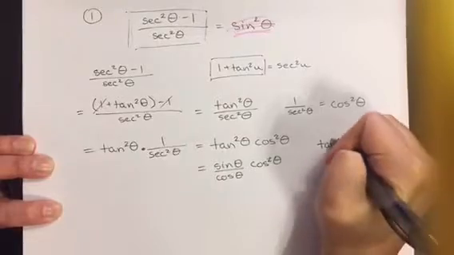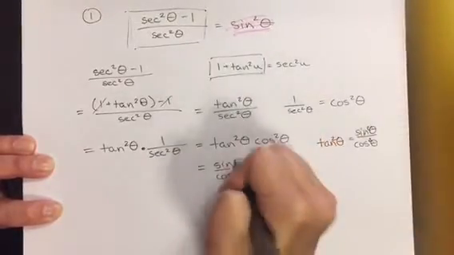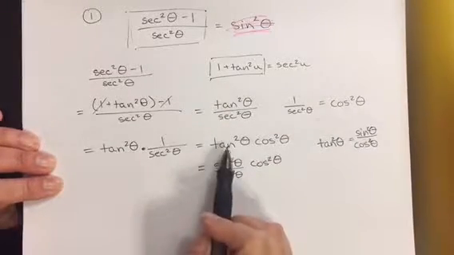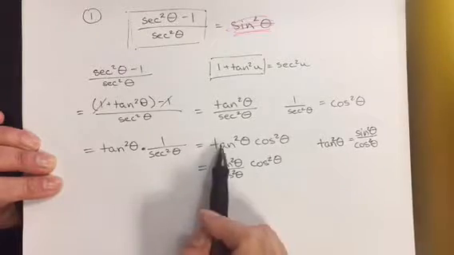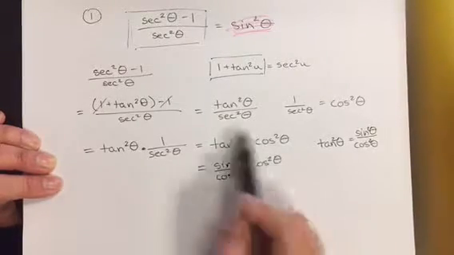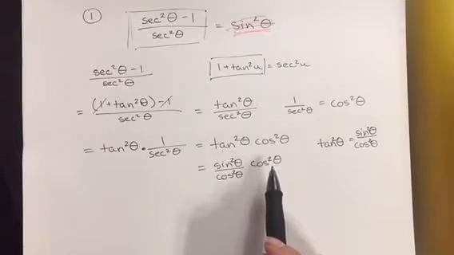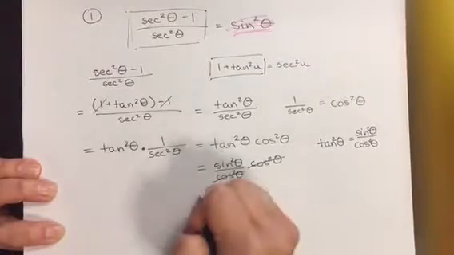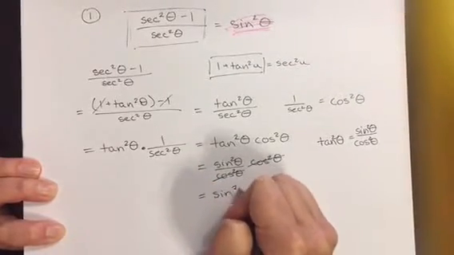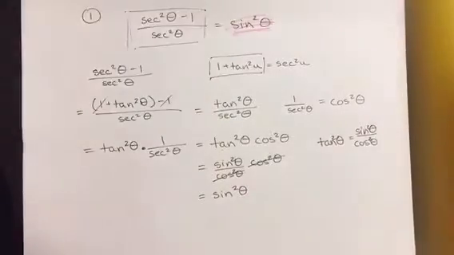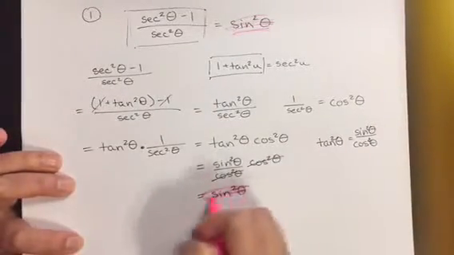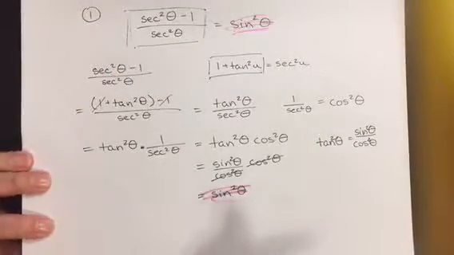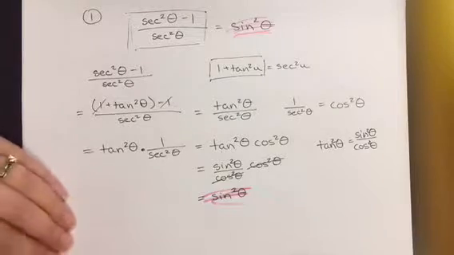Oh my goodness, I lost my squares. Let me put my squares in. Okay. All right, there we go. I lost my squares over here, put my squares in. And the reason I'm putting my squares in is because I'm working with squared functions in this particular problem. Okay, so now cosine squared cancels out, and I have sine squared theta. So guess what? Sine squared theta equals sine squared theta. So I have verified this identity.